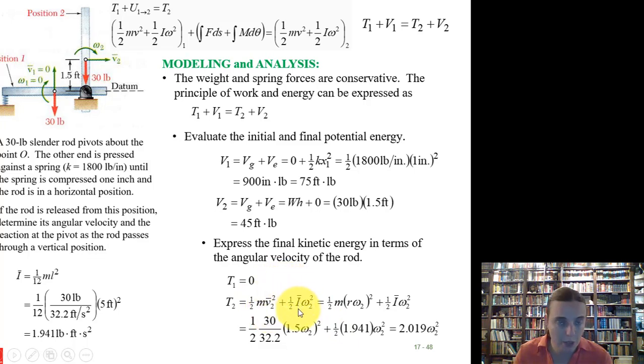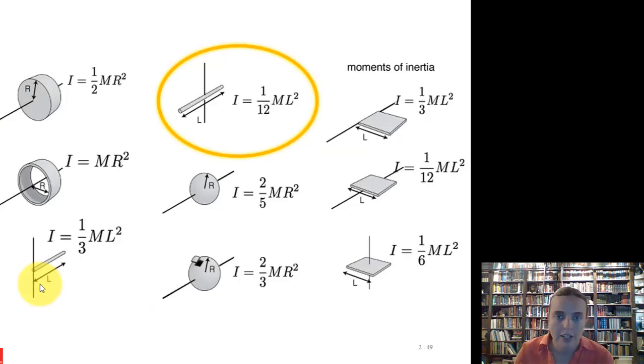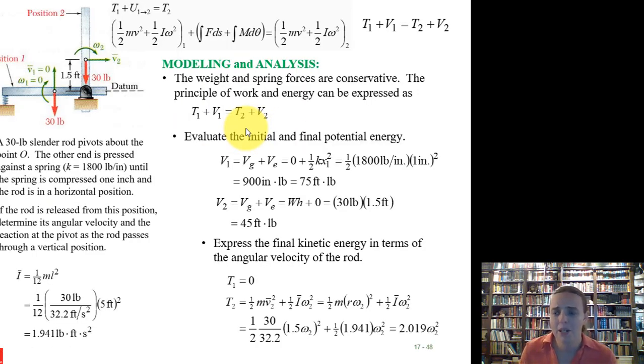So we have the inertia around the center that you can look up on the tables, 1/12 ml squared. So again, here's that table, 1/12 ml squared. These tables, you can get these in Wikipedia or the cover of your book, or just Google moment of inertia of a rod, right? So you plug in the mass, make sure it's mass, not weight. There's the length of the entire thing.